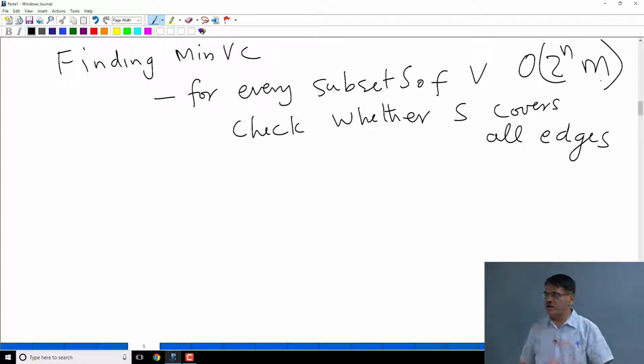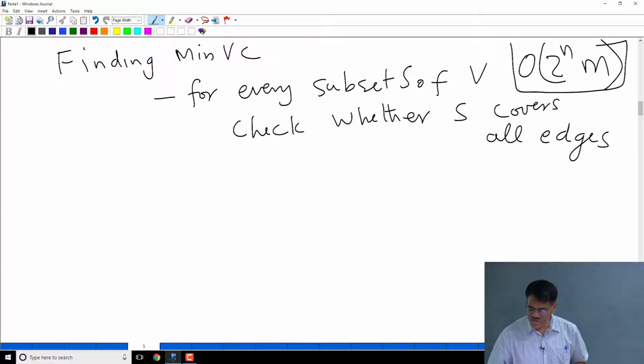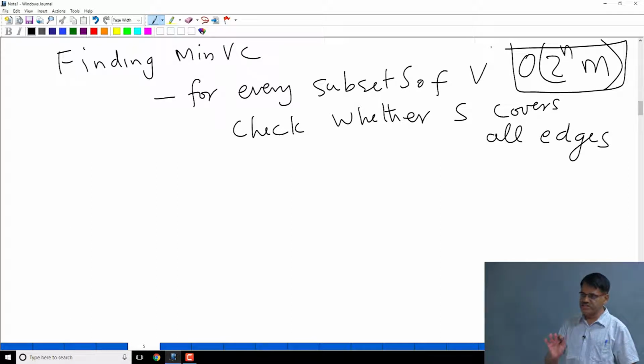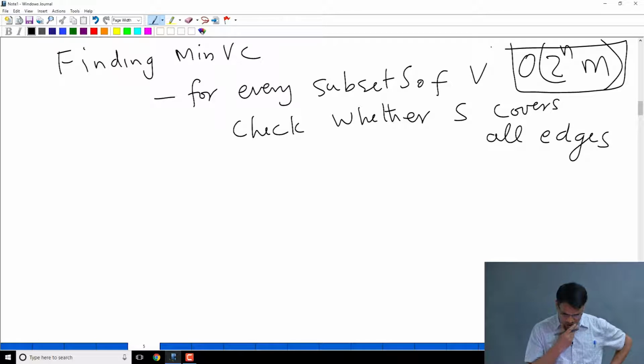So here is one brute force exact exponential algorithm which takes 2^n times m, and this is our benchmark algorithm. We will later improve this algorithm. So we'll come back to this.